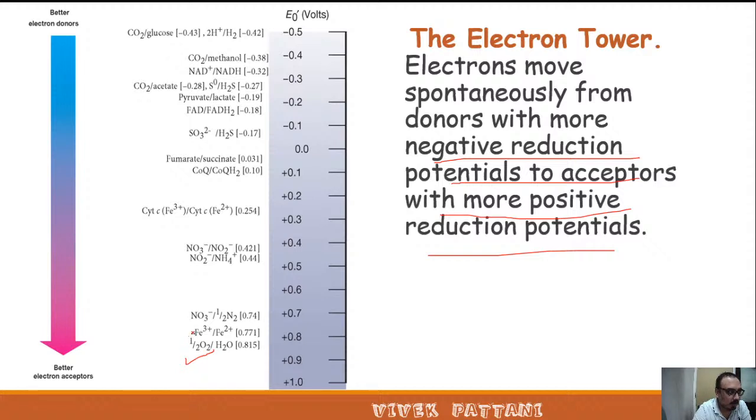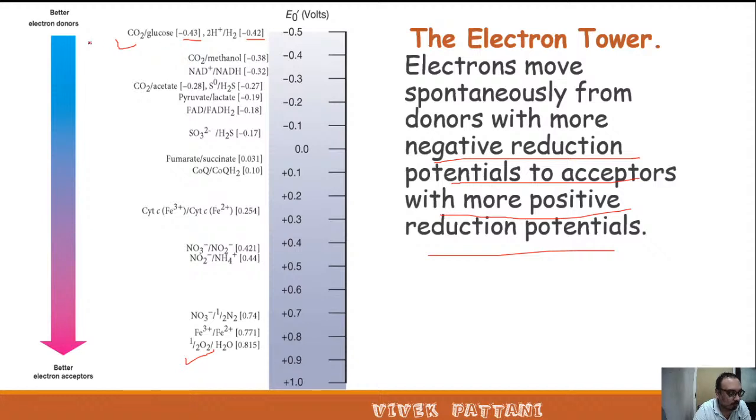The ones above, such as carbon dioxide and hydrogen, are the best electron donors, and the value E0 in volts is given here for each.